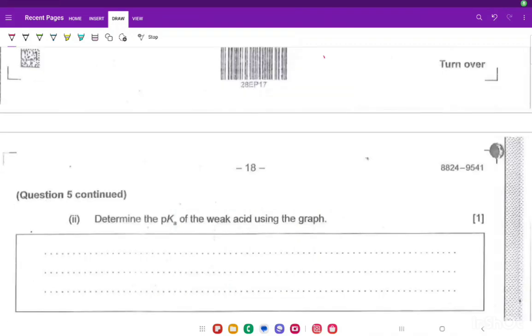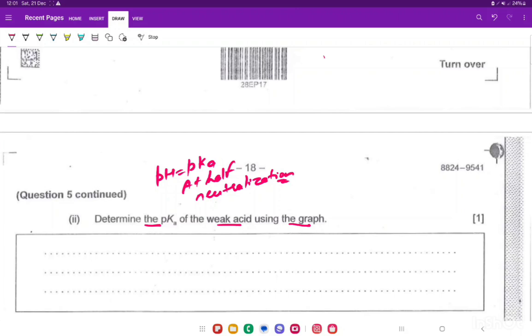Next question is, you have to determine the pKa of the weak acid using the graph. Now, we know that pH equals pKa at the half neutralization point. We'll find the half neutralization point with the help of the graph, and the pH will give us the pKa.